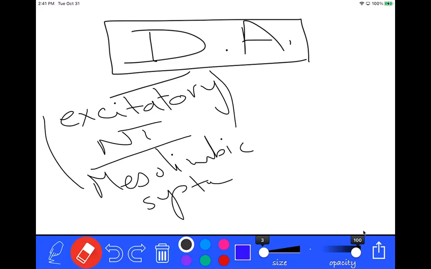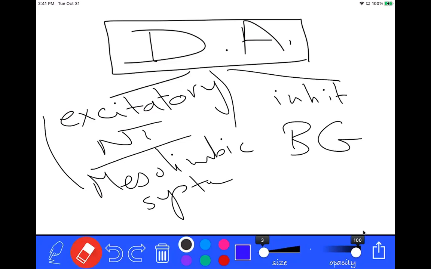Whereas dopamine in the basal ganglia plays an inhibitory role. When you release dopamine in the basal ganglia, it inhibits the next series of neurons and prevents them from doing their job and from becoming activated.